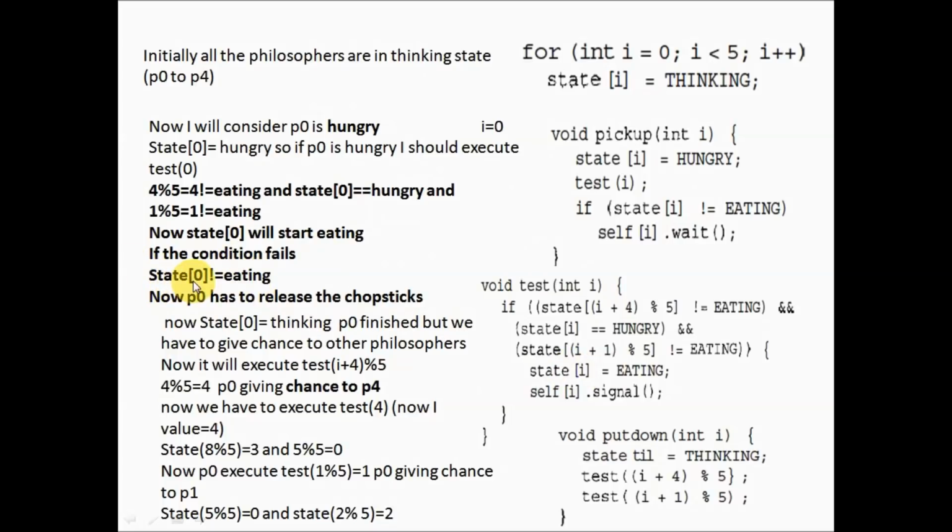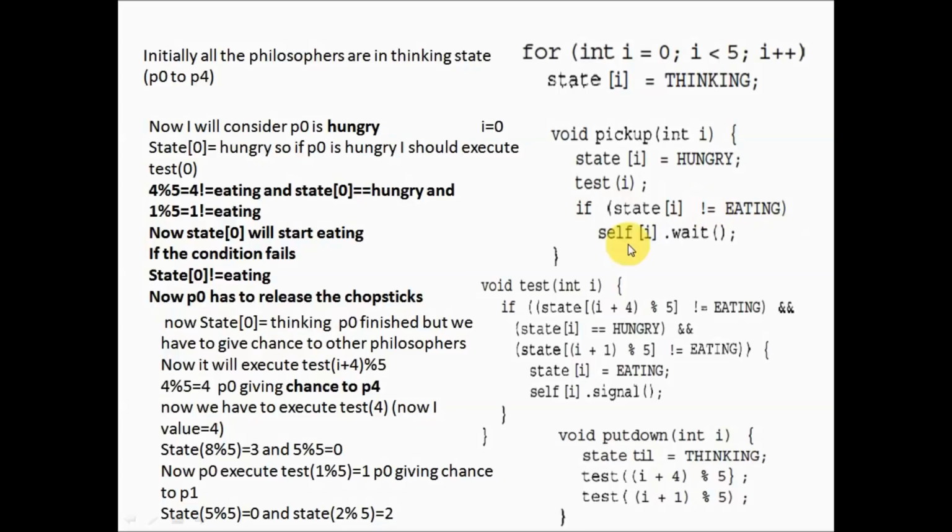I'm still inside the test only. The test succeeds when both the neighbors are free. When P4 and P1 are free, P0 can eat. Suppose P4 and P1 are not free, then P0 can't eat. State of 0 is not eating.